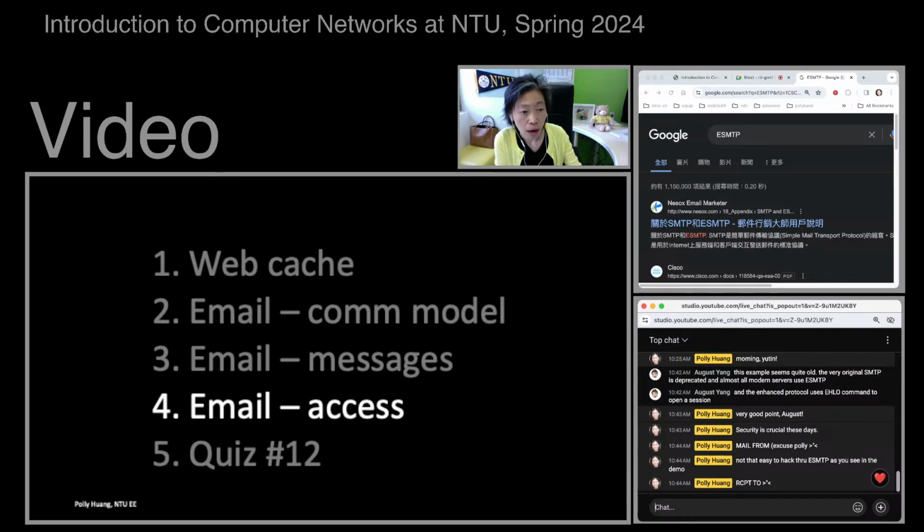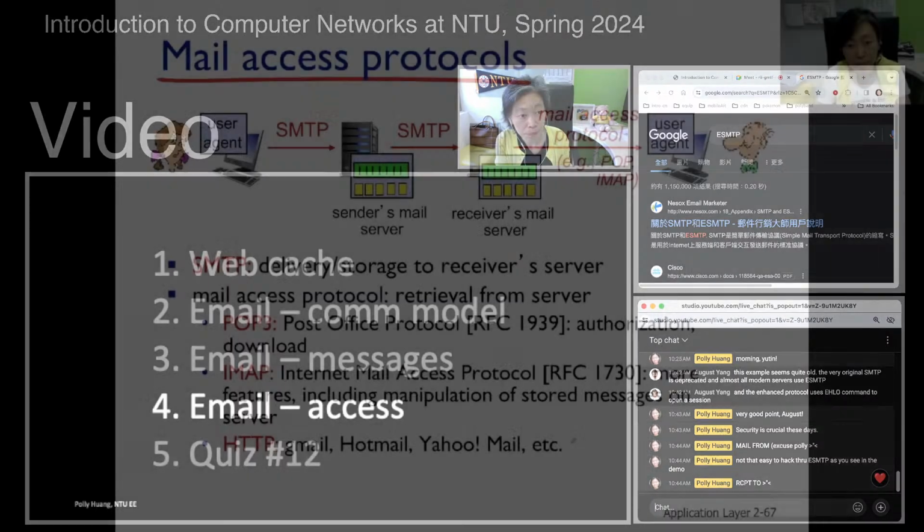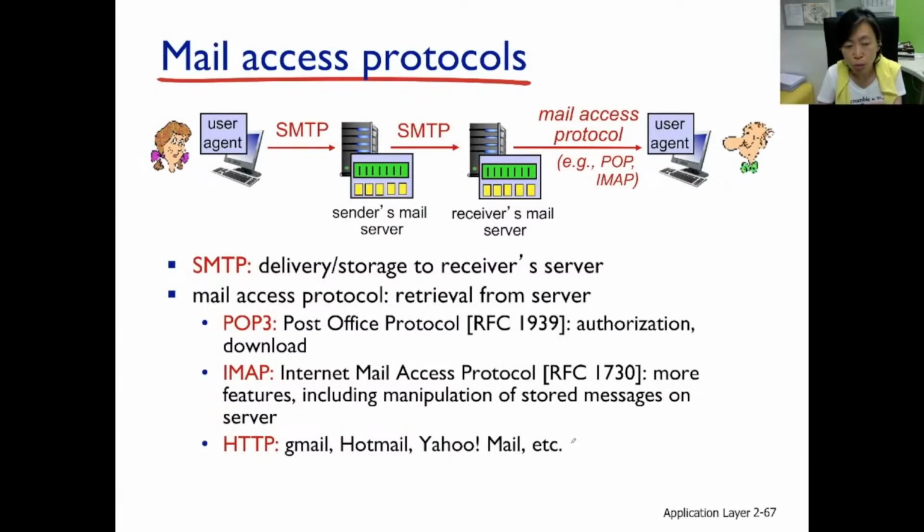All right, and we move on to the last segment of the entire email transfer. That is between the reader and the reader's server, and that is called the email access protocol. We'll switch gears just a little bit and talk about the last part of the email application. We've talked about the flow of sending an email all the way from Alice to Bob.